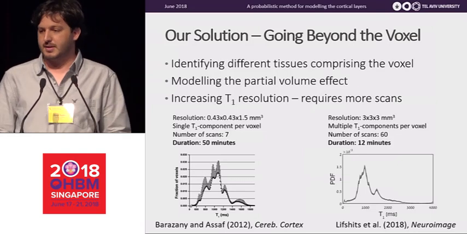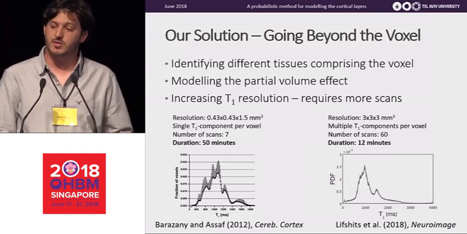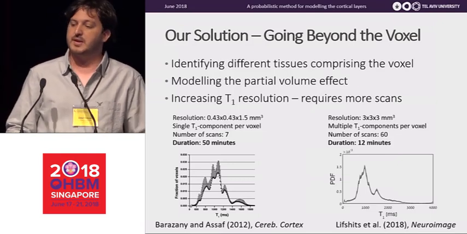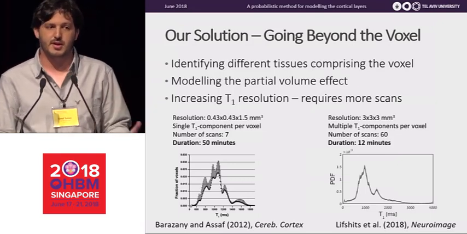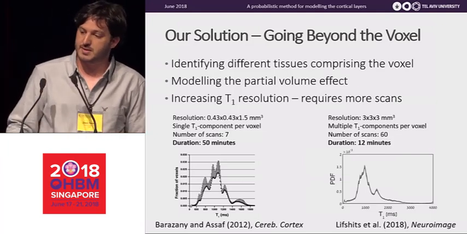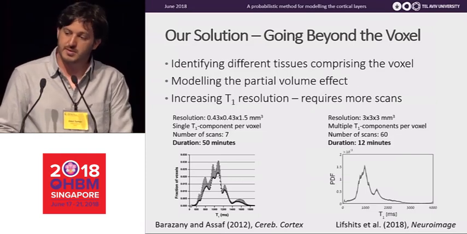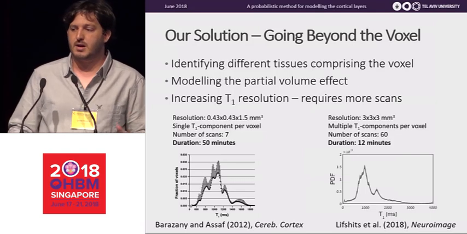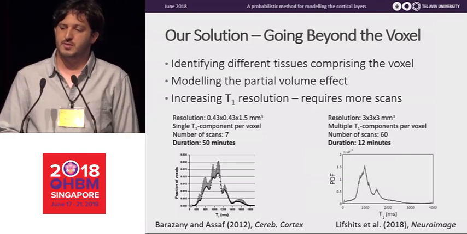You need 60 scans, but it only takes 12 minutes. You can see that the pattern of the peaks is quite similar. The values are different because on the left we're modeling voxels, on the right we're modeling subcomponents, but the pattern looks quite similar, and we wanted to use this as the basis for identifying different gray matter distributions in the brain.